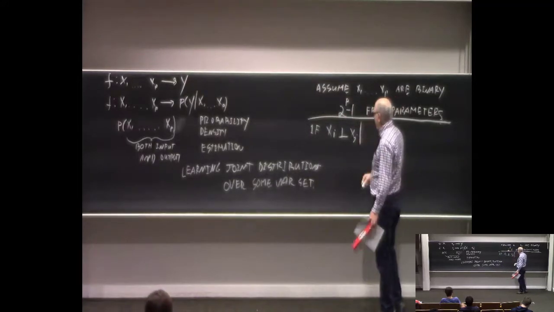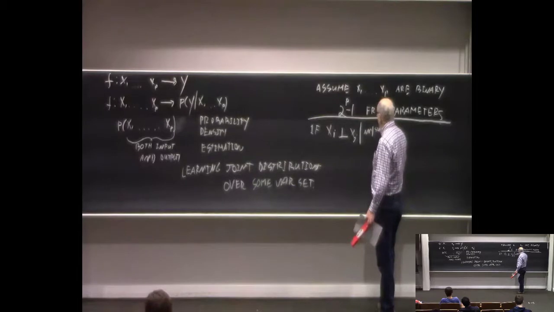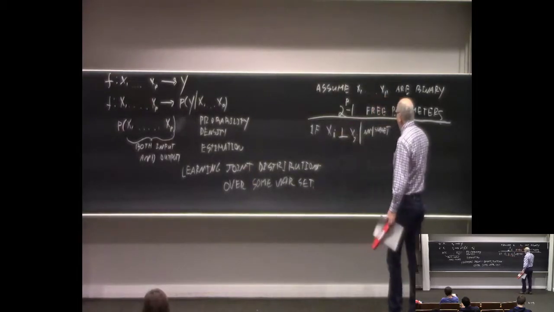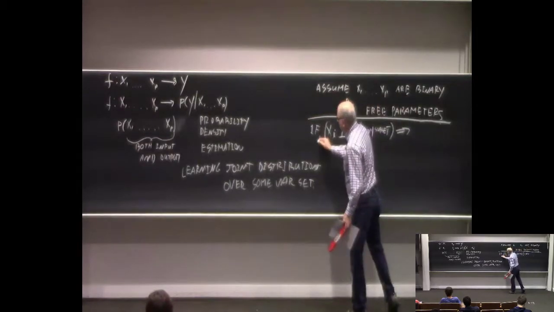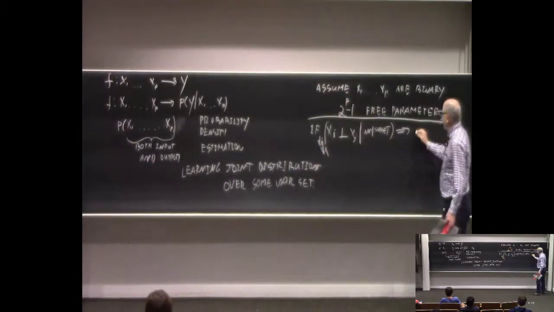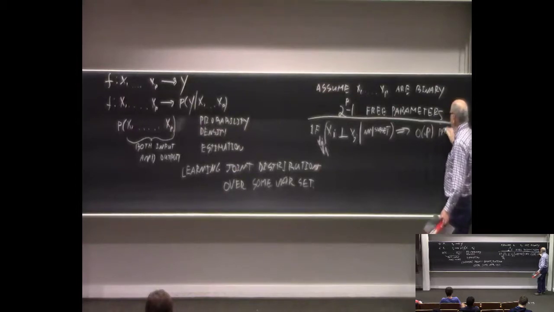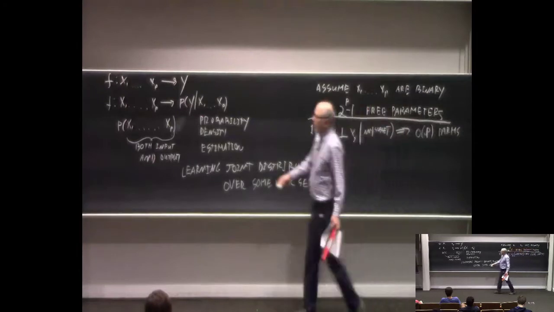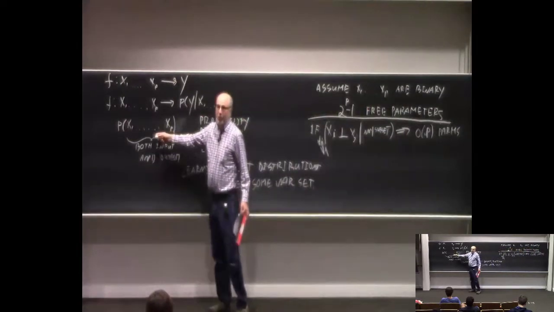If it's independent of xj, conditioned on any subset that does not include i and j, and this is for every i, for every j, then we have on the order of p parameters only, because we can then break this to a product of individual.